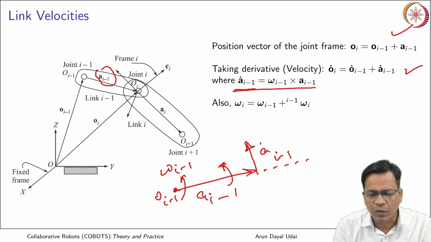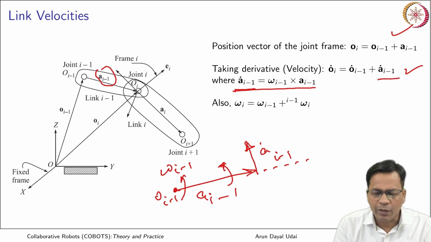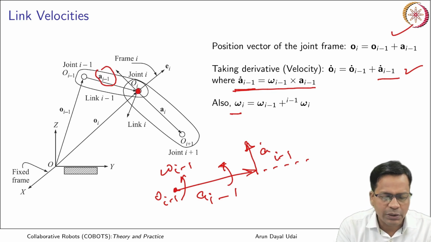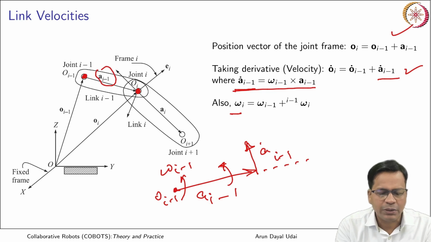So, that is the velocity associated with this, and angular velocity omega i, that is the angular velocity over here, will be equal to angular velocity up till here plus angular velocity of this joint.